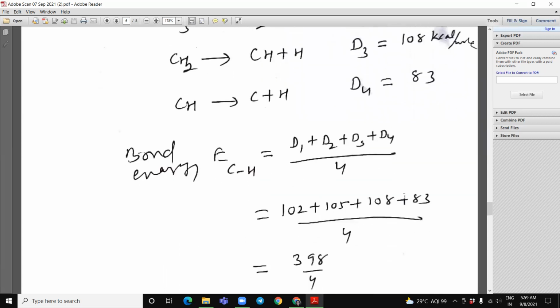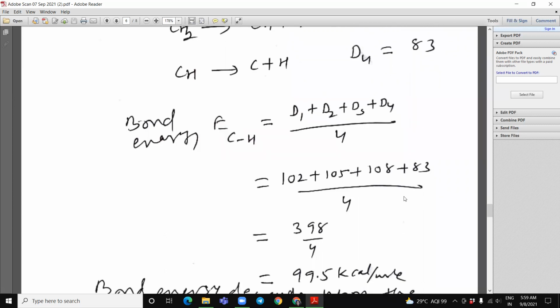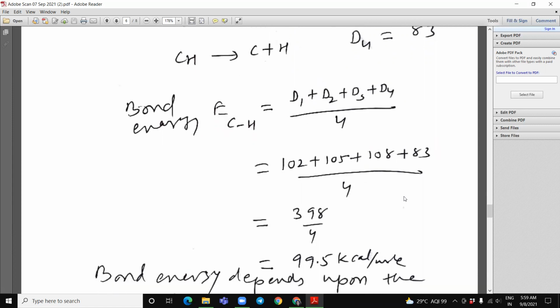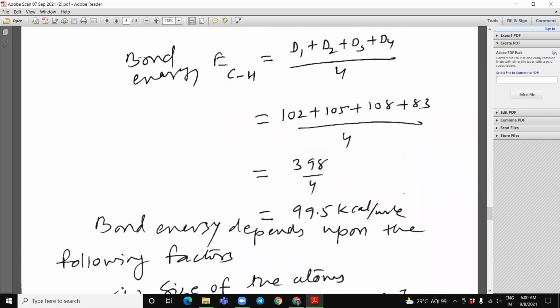Bond energy is the sum of D1, D2, D3, D4 divided by 4. So the carbon-hydrogen bond energy is the sum of all these divided by 4, which comes to 99 kilocalorie per mole.